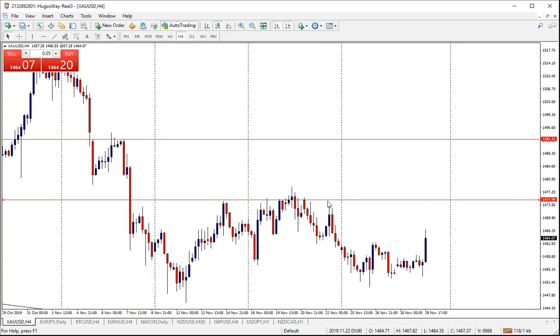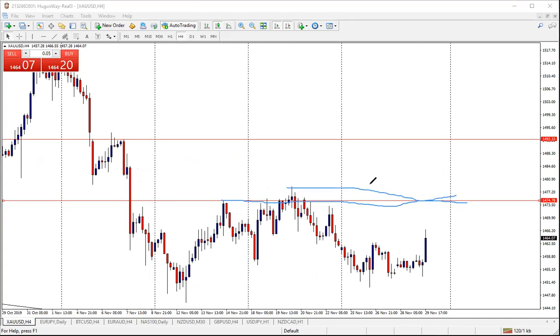except by Monday morning tomorrow, if price pushes to this zone here. If I see price here, let me mark that out. If I see the price of gold here, on this particular horizontal line, this region, if I see gold here tomorrow, that's when I'll be looking at selling.